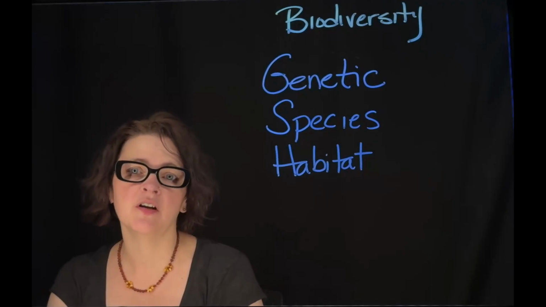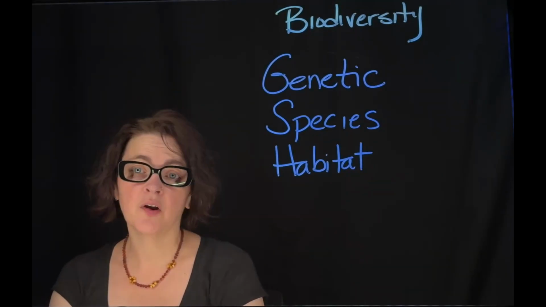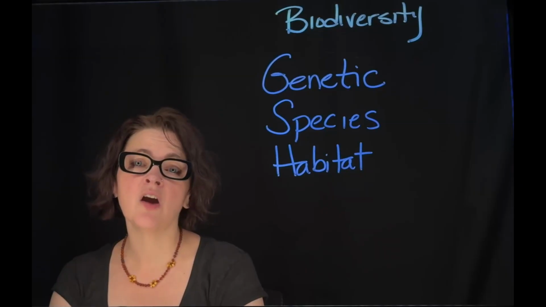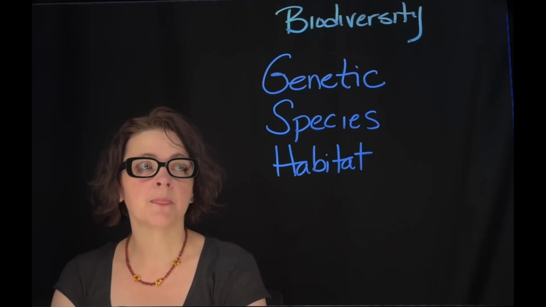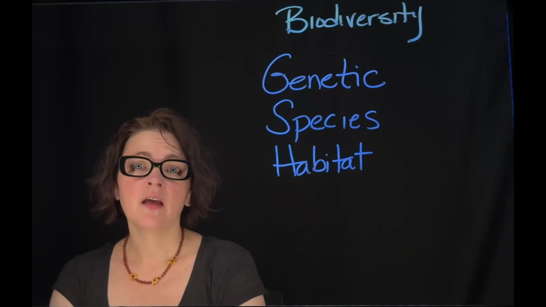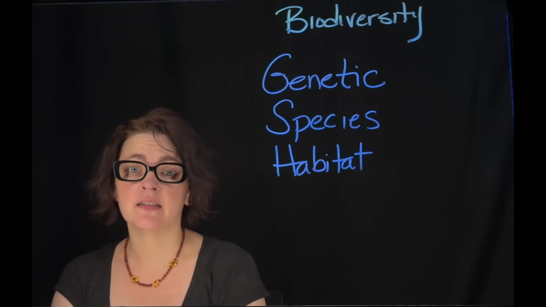The most common measure of biodiversity is looking at the number of different species. There are a few different indexes that ecologists use to look at the biodiversity of an area. A couple we can look at are the Shannon Index and the Simpson Index.